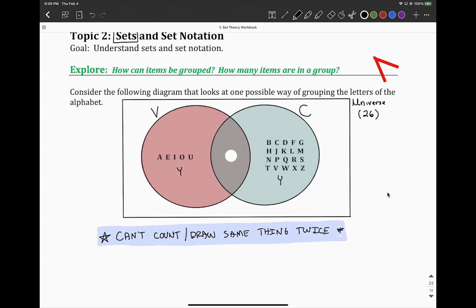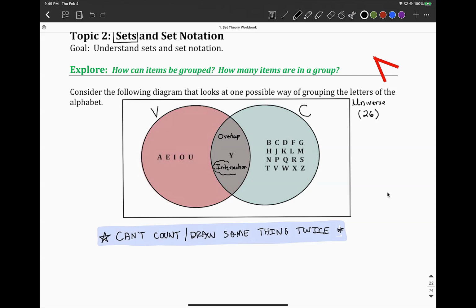There is only one y in the alphabet, but it belongs to multiple sets. It could be categorized in both places depending on how it's used. So we have this very special space, this overlap in the middle, that we're going to call the intersection.